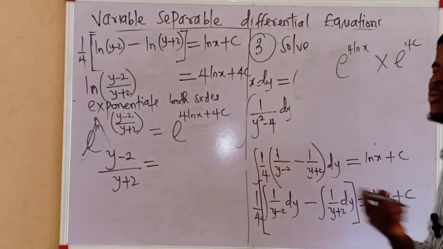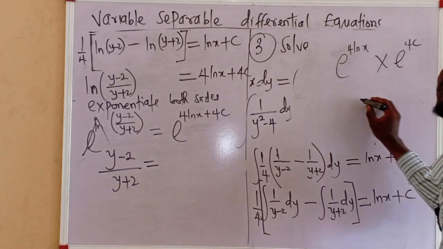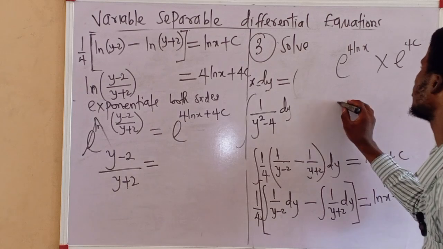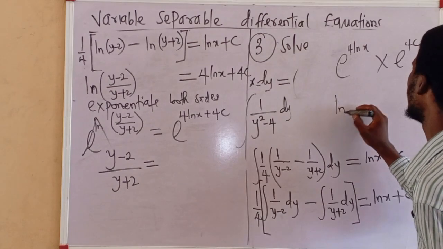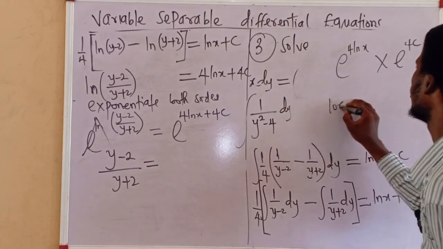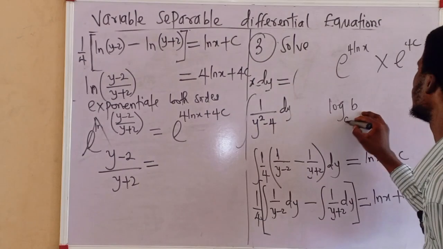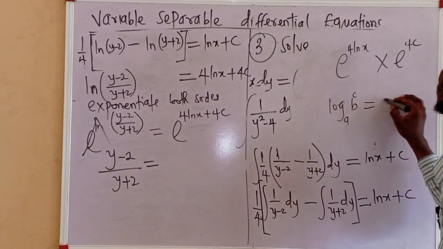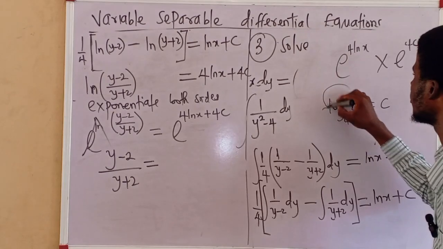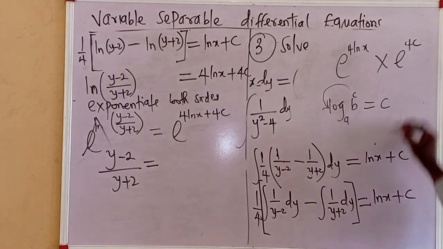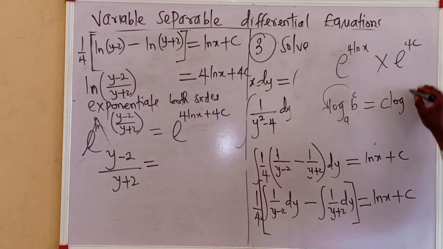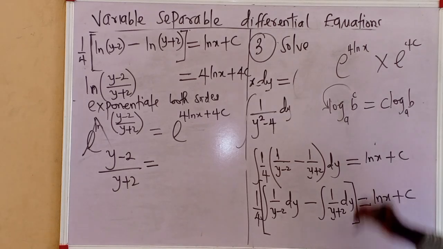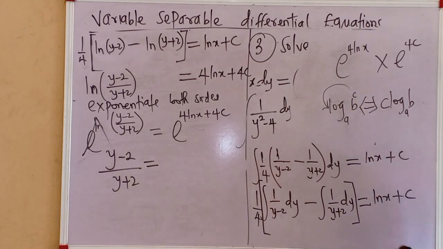The law of logarithm also says that if I have log b to base a, where b has the power of c, it is equal to c log b to base a. So it is reversible, it can go forth and back.